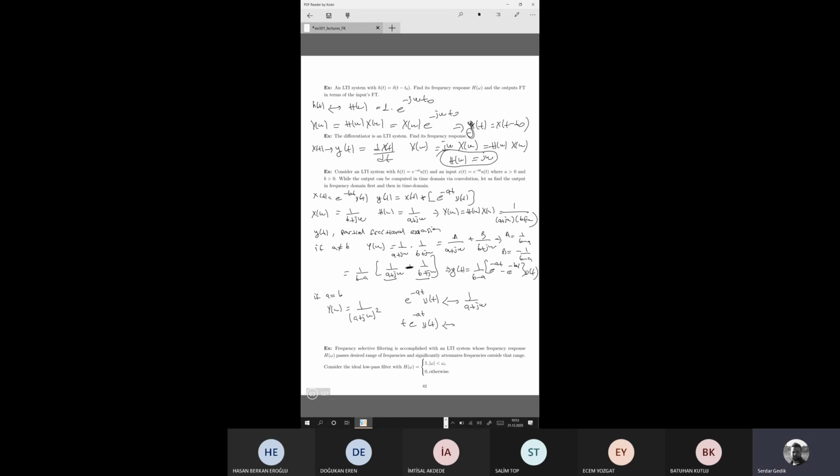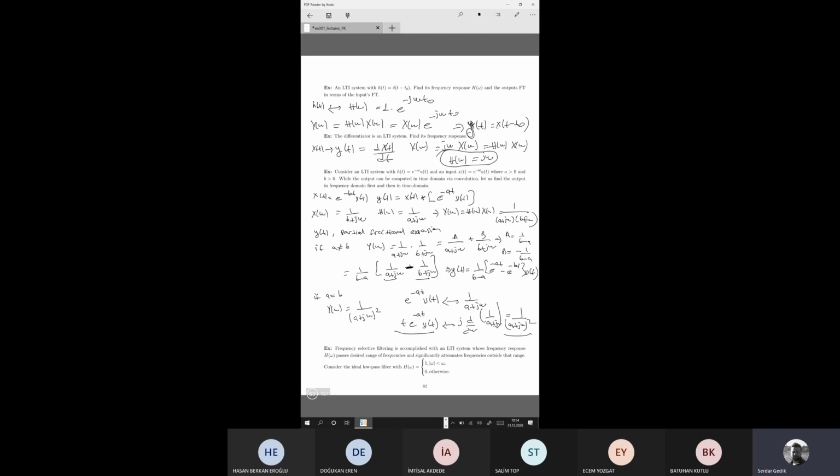This has the Fourier transform of j d by d omega of 1 over a plus j omega, and this is nothing but 1 over a plus j omega squared. So t e to the power minus at u of t and 1 over a plus j omega squared are Fourier transform pairs. So that's it. This is actually the result of the frequency differentiation property.